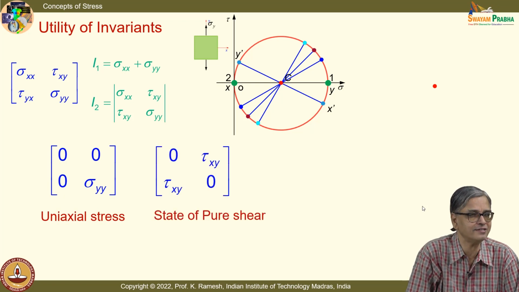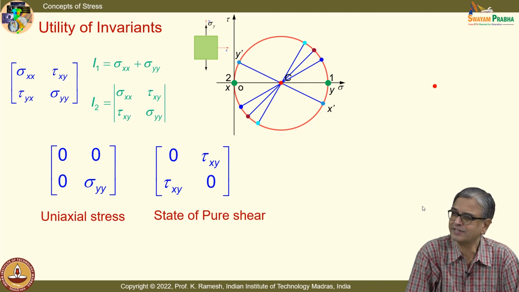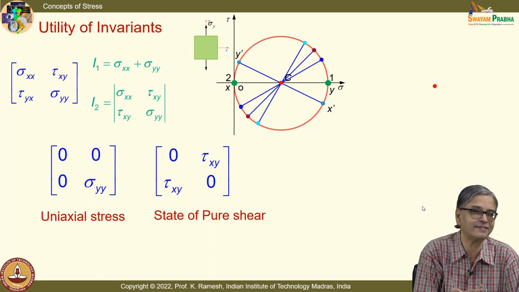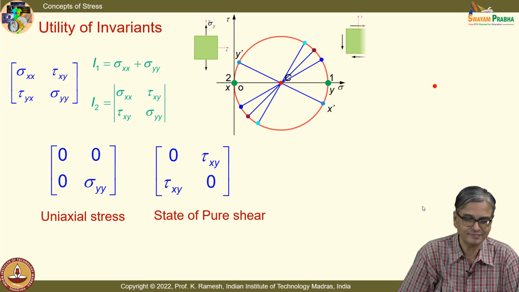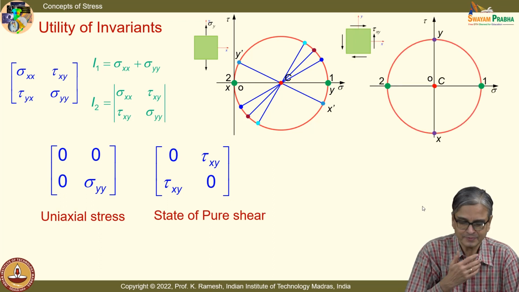What is this state of stress? It is a pure shear state. And you can also draw the Mohr circle. The graphical representation is very simple. The only thing is the origin is shifted. I shift the origin and I replot.